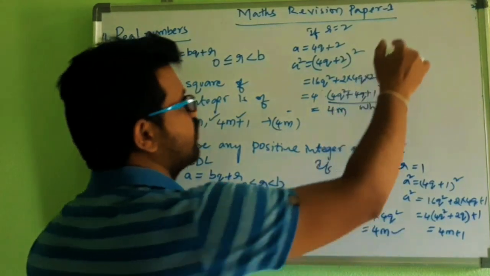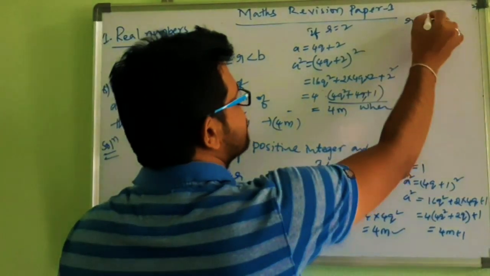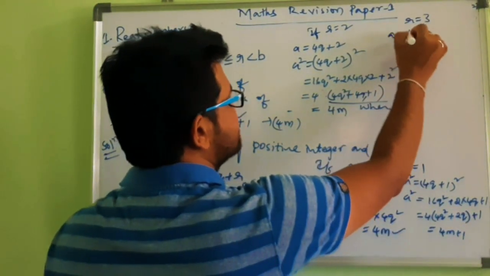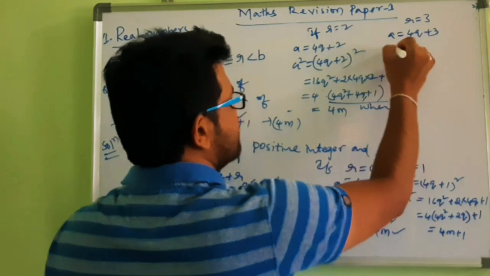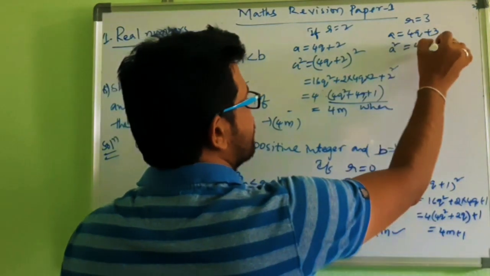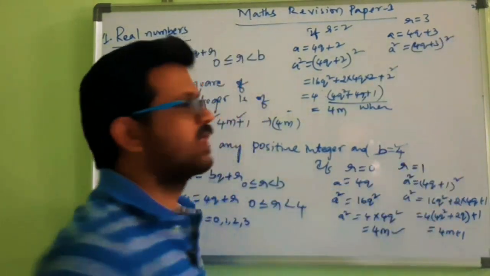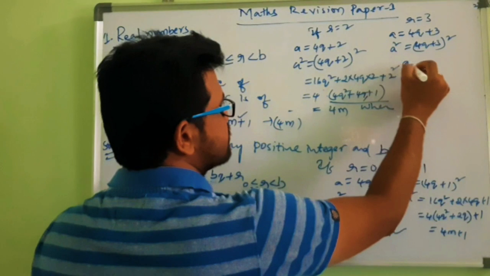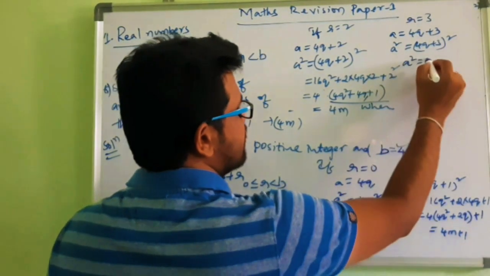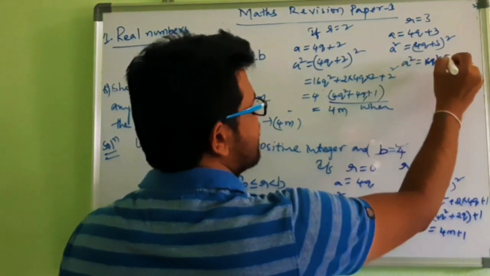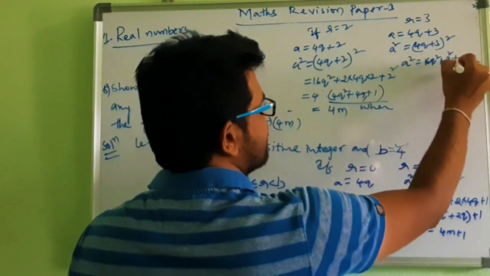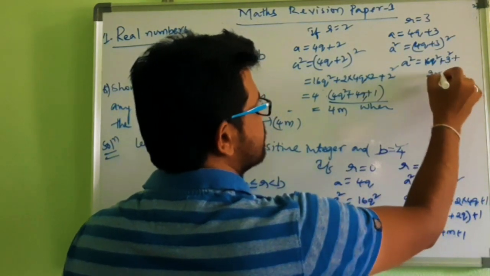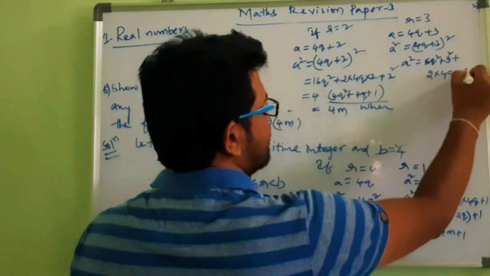And next, if you take 4Q plus 3, that means R is equal to 3, A is equal to 4Q plus 3. So A square is equal to (4Q plus 3) whole square. What we get? A square is equal to 16Q square plus 3 square plus 2 into 4Q into 3.